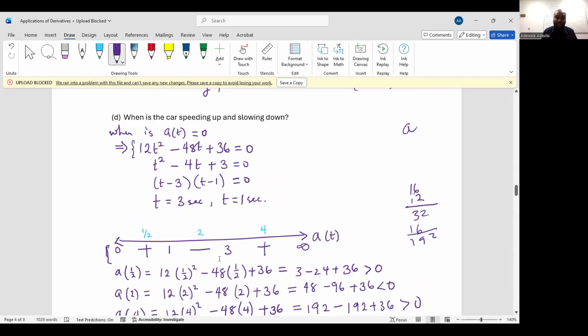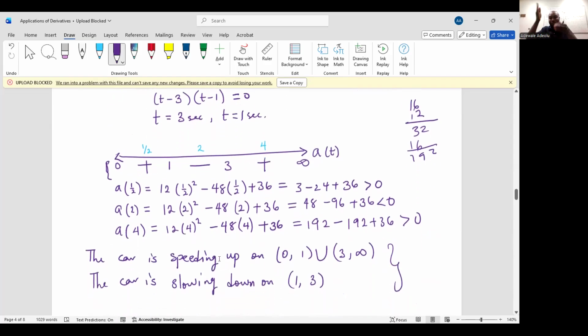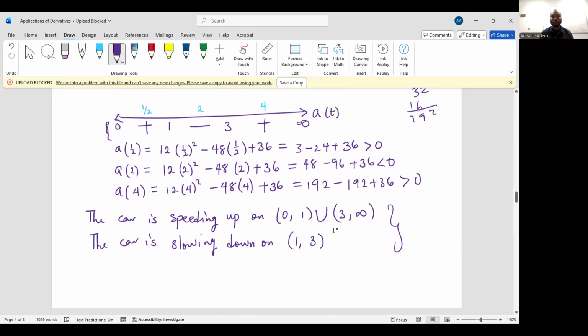Then we just did sign tests to know within those three intervals, pick points, and you test. Then we compare it to velocity. Remember, to know if it is speeding up or slowing down, you need to check the signs on the same domain. What is happening with A and what is happening with V at that point in time.